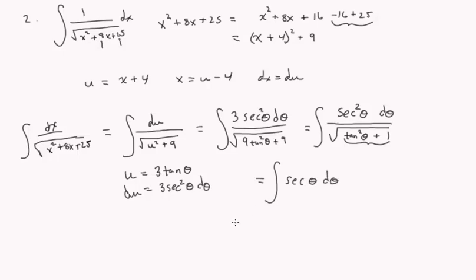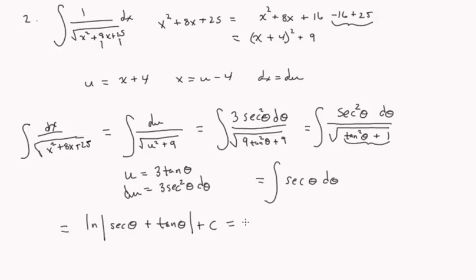This is book of memories. Do you have this committed to memory? This should be natural log, absolute value, secant of theta plus tangent of theta plus c. Now we're going to back sub a couple times here. So this is going to be first in terms of u and then back in terms of x.